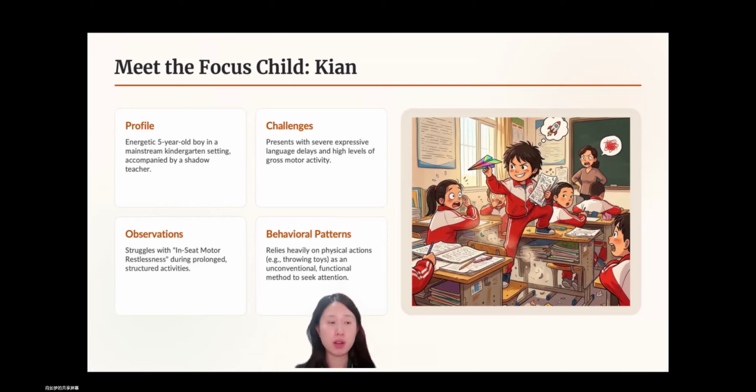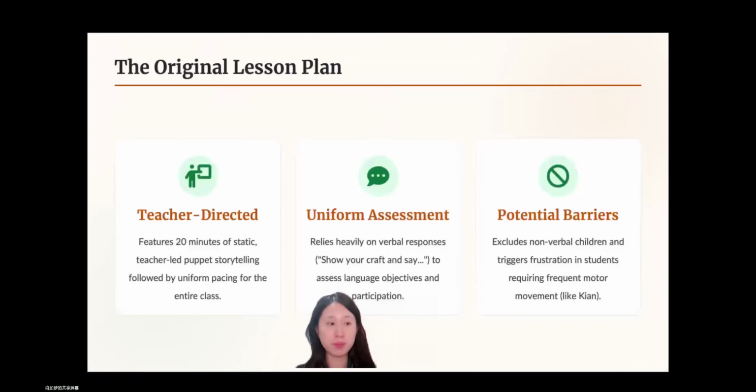Now let's look at the original lesson plan. It was highly teacher-directed. It asked 5-year-olds to sit quietly on a chair for 20 minutes to listen to a story, followed by everyone doing the same craft at the same time. Finally, the teacher asked each child to hold up their craft and speak English out loud.